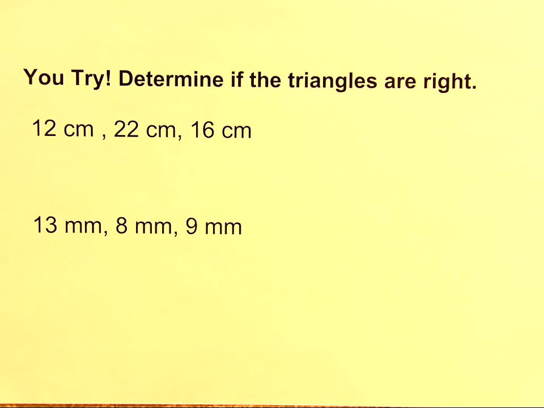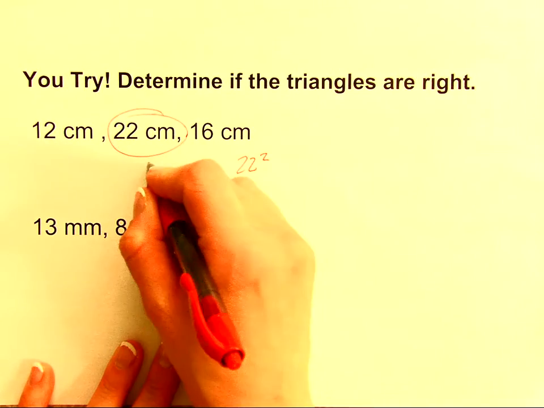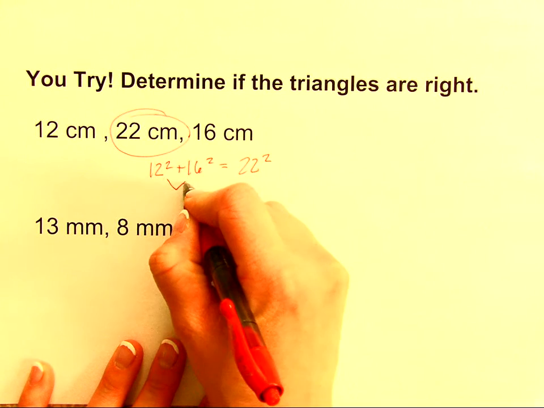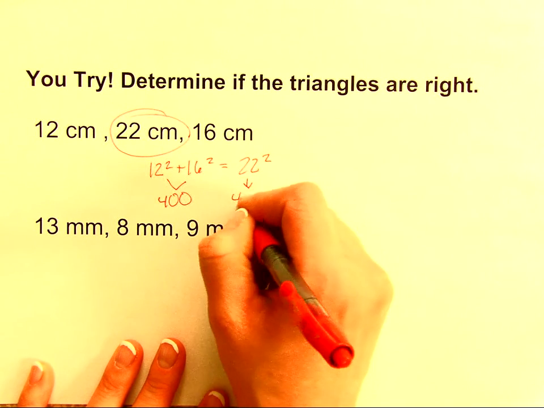So why don't you do two of these on your own? Okay, remember, longest side goes in for C. These end up being 400 after you type them into your calculator, and this is 484.